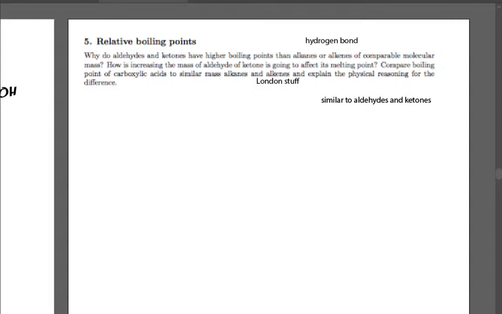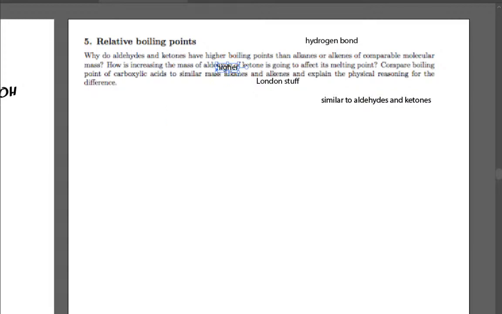How is increasing the mass of aldehydes or ketones going to affect the boiling point? According to logic, if you increase the mass, the London dispersion force is going to increase as well, which means it's going to have a higher boiling point. So that's that.